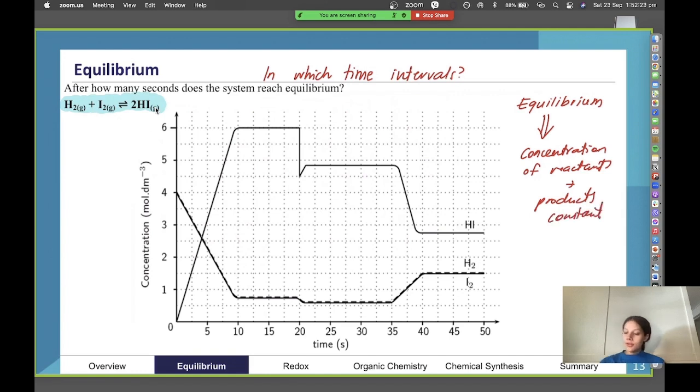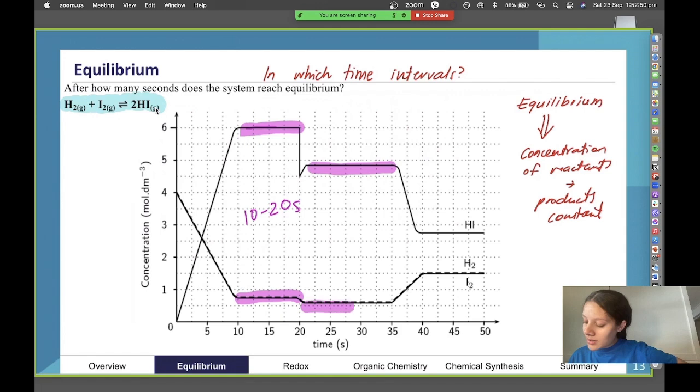So I'm just going to highlight what intervals those actually end up being. Looking here, our first bit, I'd say, is from about 10 to 20 seconds. So we can put that as our first one. Then we have a little change in the system, and another stretch there.